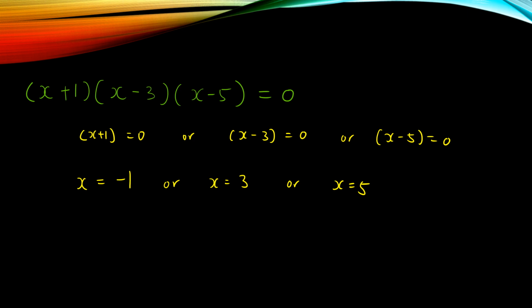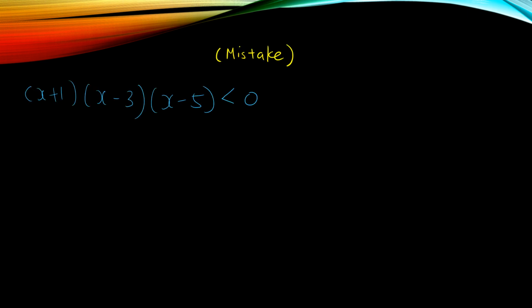Now let us look at what happens if we change the equality into an inequality question. Let's look at the same expression, but I changed the equal sign to an inequality, less than 0. Some students will just blindly follow the same idea as how to solve for the roots. They will say, I have 3 terms multiplied together that is less than 0, therefore at least one of them has to be negative.